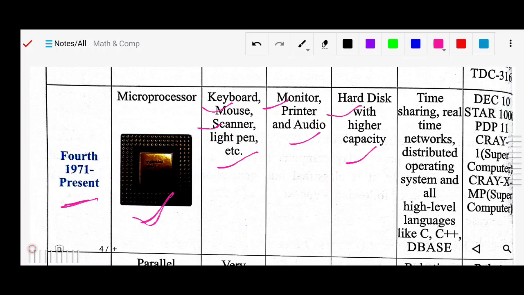There were time sharing, real time, network and distributed operating systems, and high level languages like C, C++, dBase. These are the languages used in the fourth generation computer, which we are using now. Some examples: DEC 10, Star 100, PDP 11, Cray supercomputer, Cray X-MP supercomputer. These are the examples of the fourth generation computer.